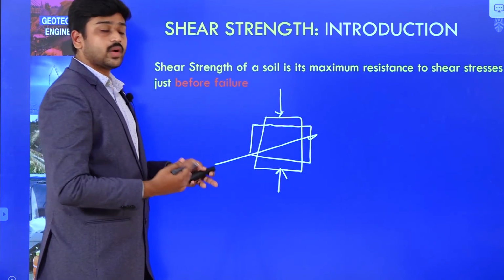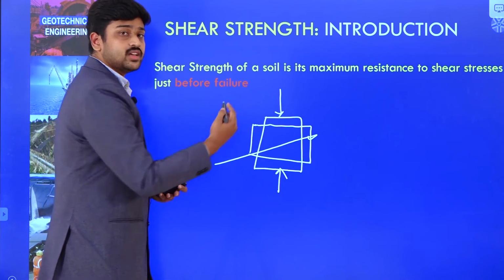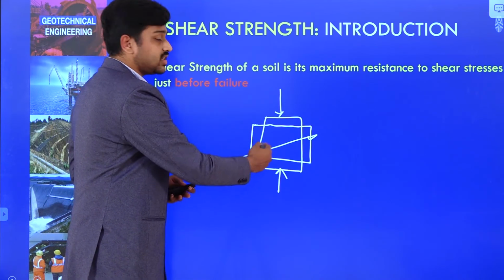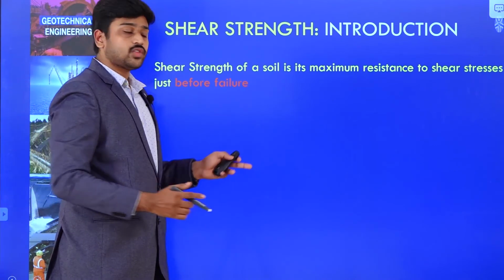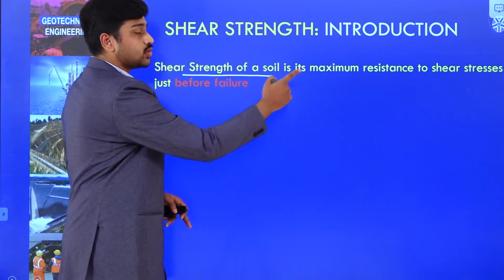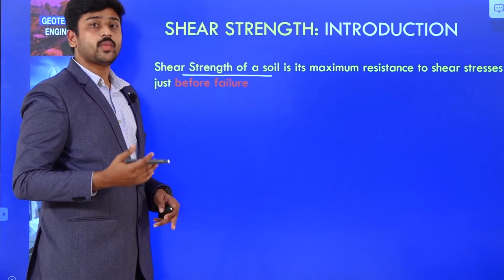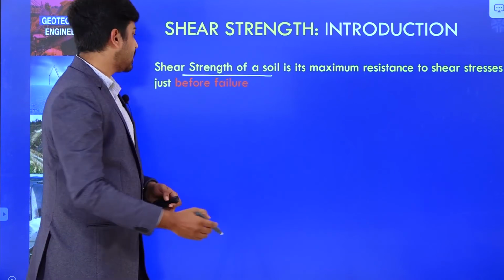This is nothing but my failure plane. Along this plane we may try to understand the shear stresses as well as the normal stresses. That is why the shear strength of a soil is given by its maximum resistance to the shear stress, that means how much resistance it can offer to any shear stress along the plane of failure.